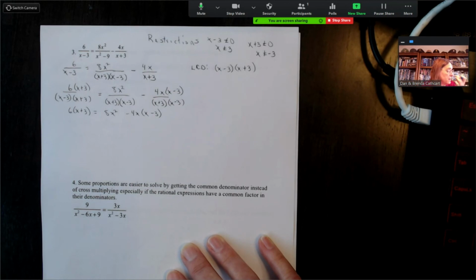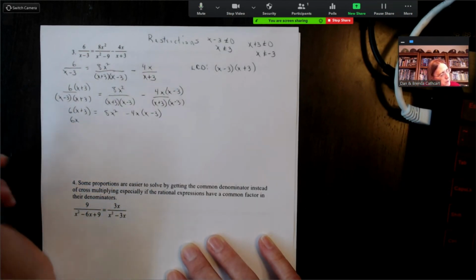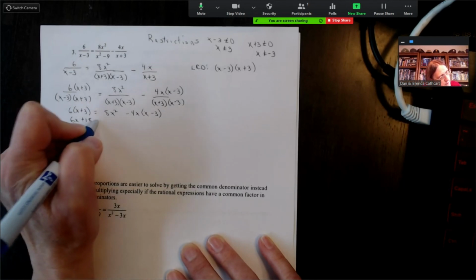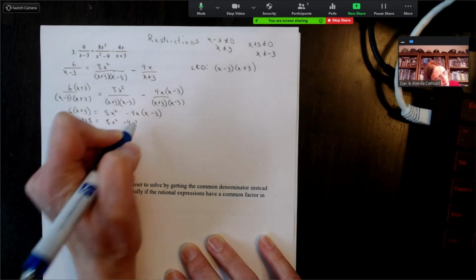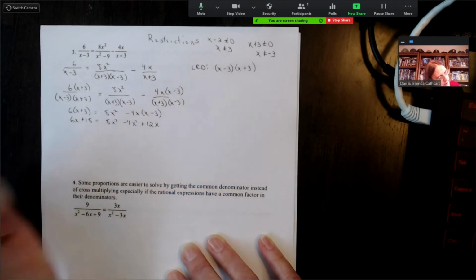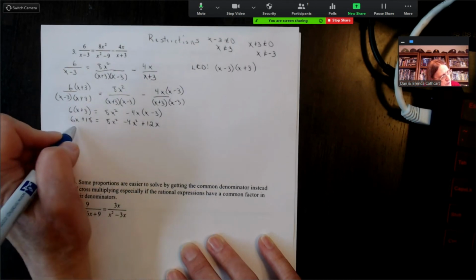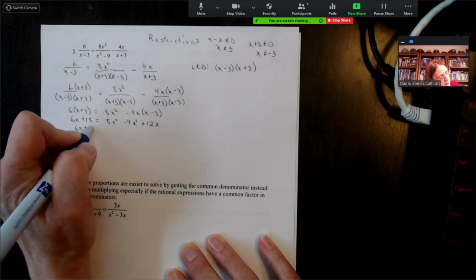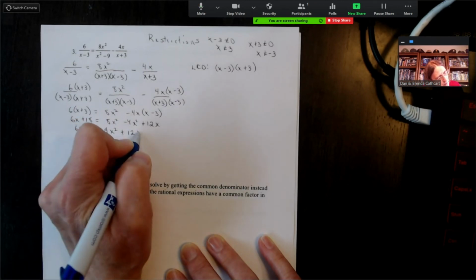Again, it's going to be a quadratic equation, so let's distribute and get one side equal to 0. So we have 6x plus 18 equals 8x squared minus 4x squared plus 12x. Combining the x squared terms, we have 6x plus 18 equals 4x squared plus 12x.